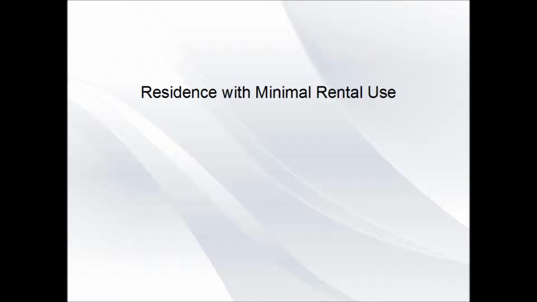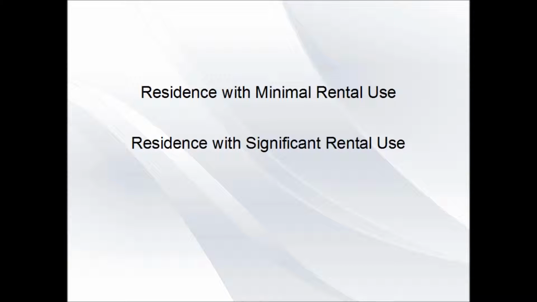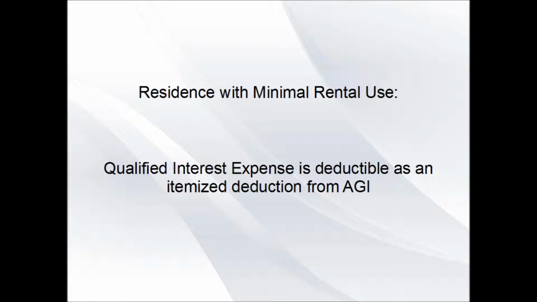How much of the interest you can deduct depends on how the rental property is used. Recall earlier that we made the distinction between residents with minimum rental use, residents with significant rental use, and non-residents. These categories come into play again when considering the tax treatments for mortgage interest expense. If the house is a residence with minimal rental use, the qualified interest expense is deductible as an itemized deduction from AGI.